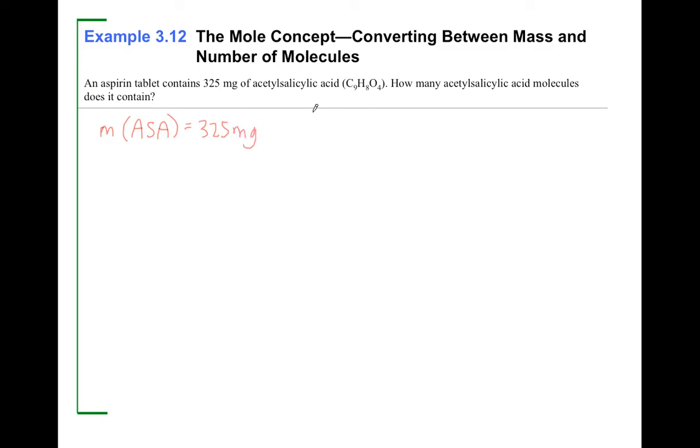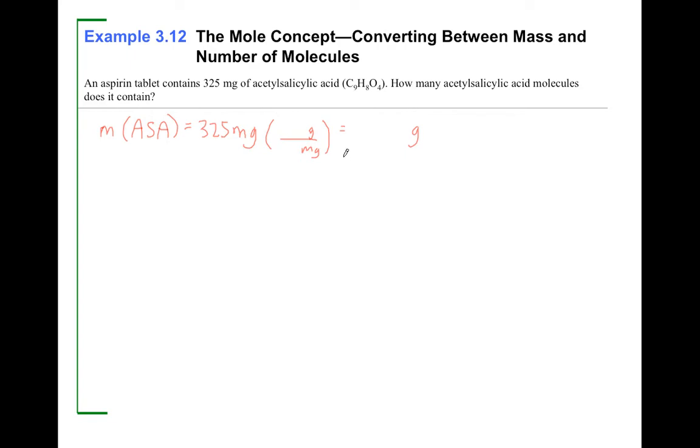All right, of blank. Okay, all right. By the way, my first thought is I don't like this in milligrams because I'm dealing with grams in most of my things. I'm going to go ahead and change this to grams so that I don't have to worry about that later.